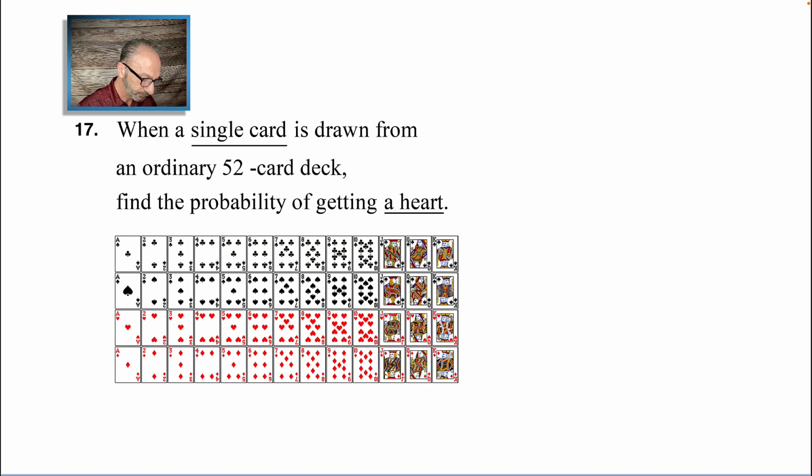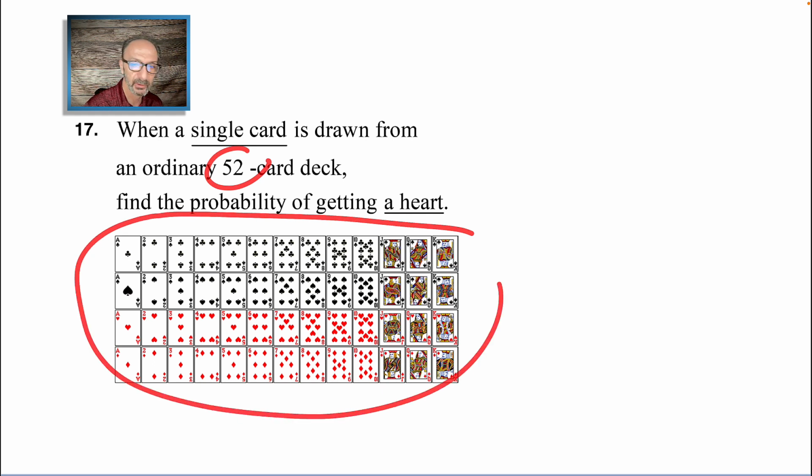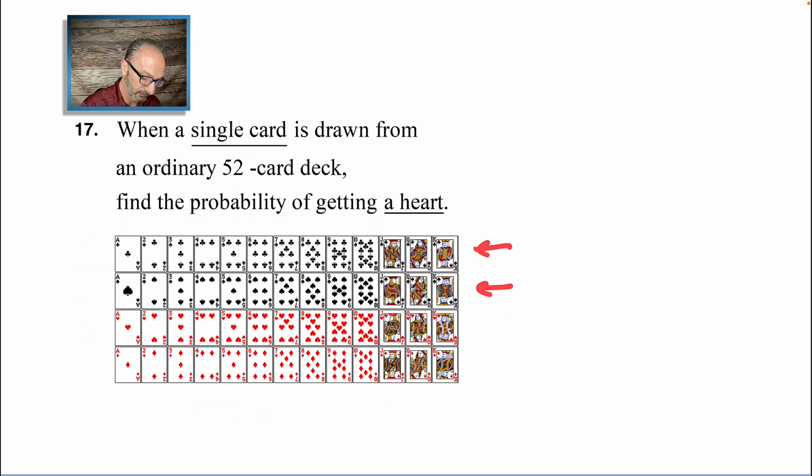Number 17. Playing cards. When a single card is drawn from an ordinary 52 card deck, find the probability of getting a heart. Well, that's a simple one. We know that these are the hearts right here. The 52 cards altogether are divided into 4 equal groups, 13 in each. 13 here, 13, that's 26, 13 here, and 13 here.